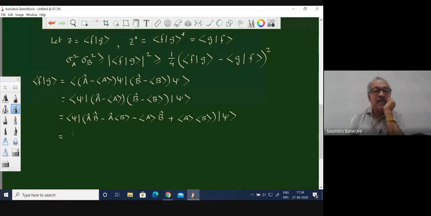We can write this as psi, a hat b hat psi, first term is done, minus psi, a hat, expectation of b, psi. Now, this is actually a number, and therefore this can be brought out. Okay, so if you allow me, I'll do that step in the next stage.